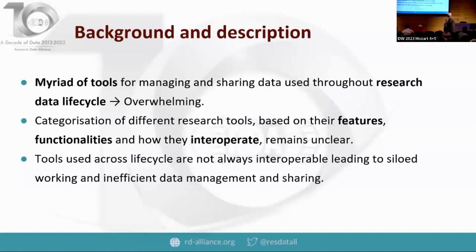So we're looking at the research data lifecycle, and we're trying to categorize different research tools based on their features, their functionalities, and how they interoperate. So we want to look at those and try to come up with some categorizations in that area. And then we'll see how the tools are used across the lifecycle; the tools that are used across the lifecycle are not always interoperable. And it seems to lead to siloed working and inefficient data management and sharing.